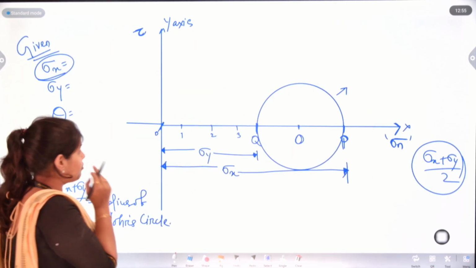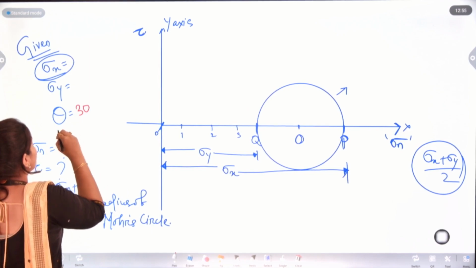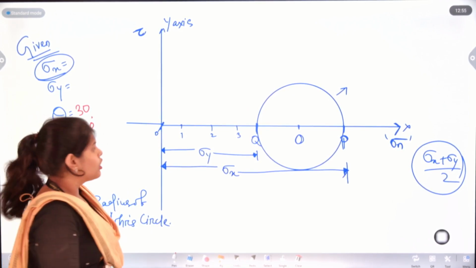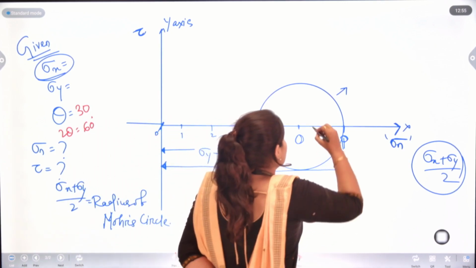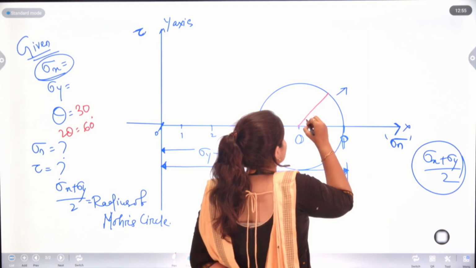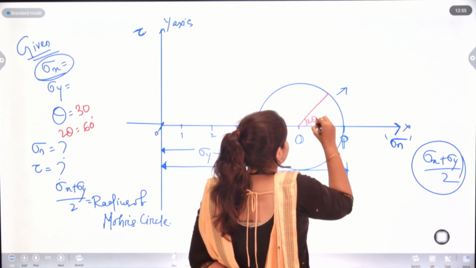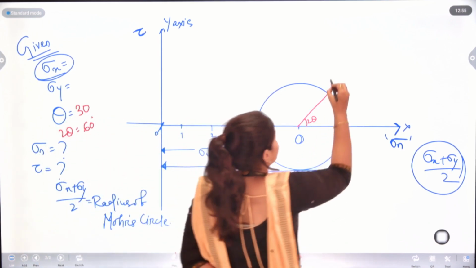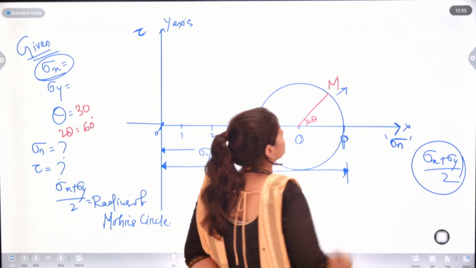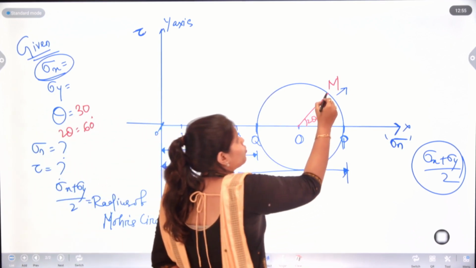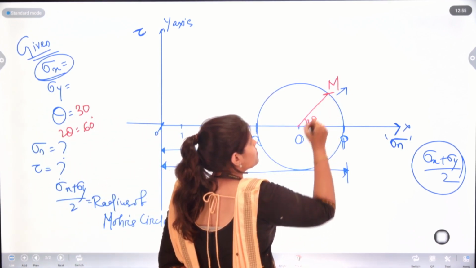If theta is 30 degrees, then we take 2 theta as 60 degrees. By taking the 2 theta angle, we draw this line, and let's name that point M. Now we will draw one perpendicular from this point M.